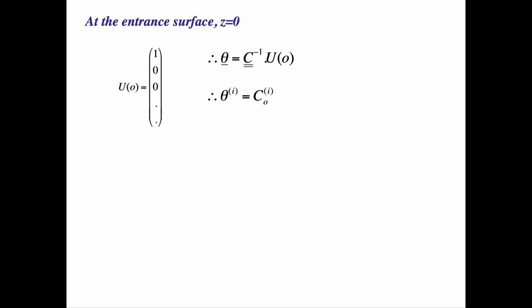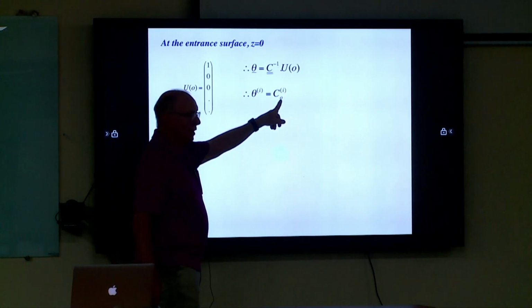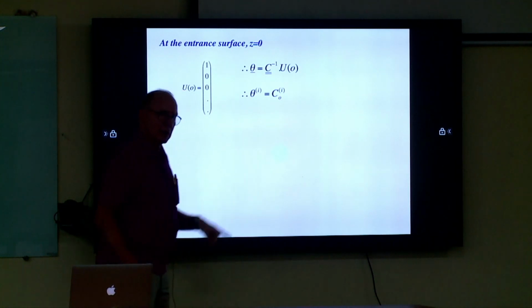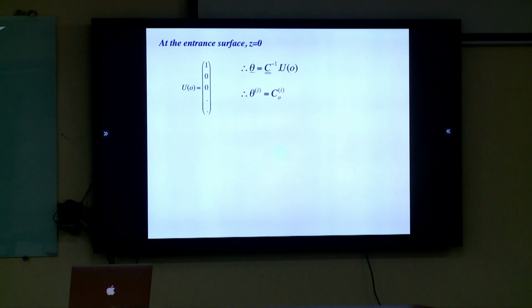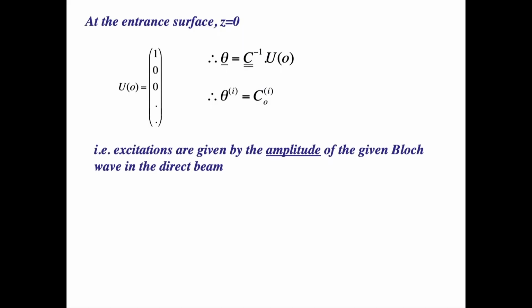So we can write that the amplitude of the ith Bloch wave would equal the amplitude of the ith Bloch wave in the direct beam. We already have that knowledge, so it tells us that the excitations are given by the amplitude of the given Bloch wave in the direct beam.